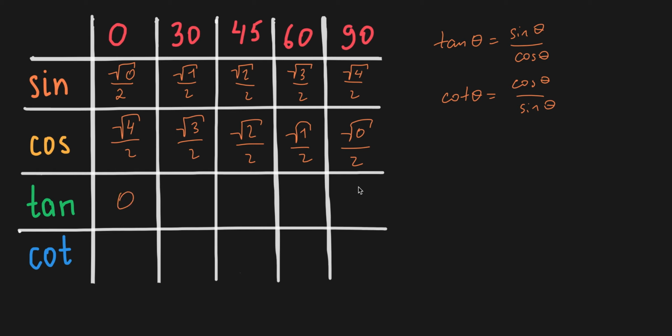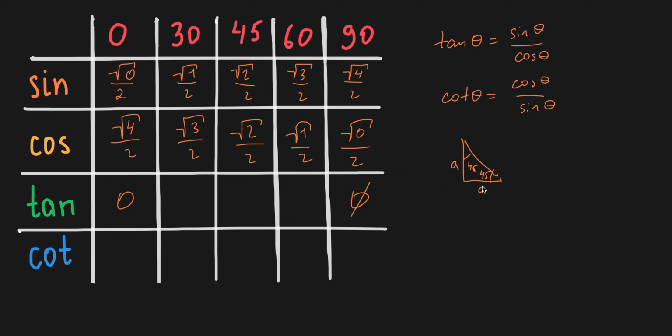And for tangent 90, you know that cosine 90 is 0, so no matter what sine 90 is in our case, that number over 0 is going to be infinity or undefined.